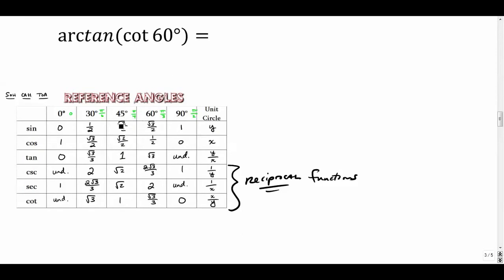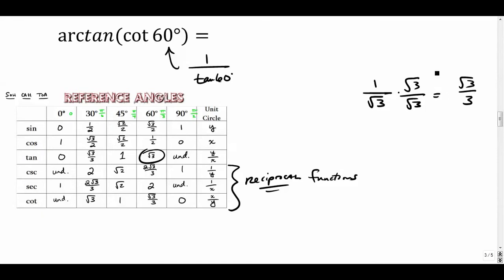So the cotangent of 60 degrees is 1 over the tangent of 60 degrees. Well, the tangent of 60 degrees is radical 3. So 1 over radical 3 we need to rationalize. That's where we get radical 3 over 3 from, and you can see that down here. Cotangent of 60 degrees is radical 3 over 3.